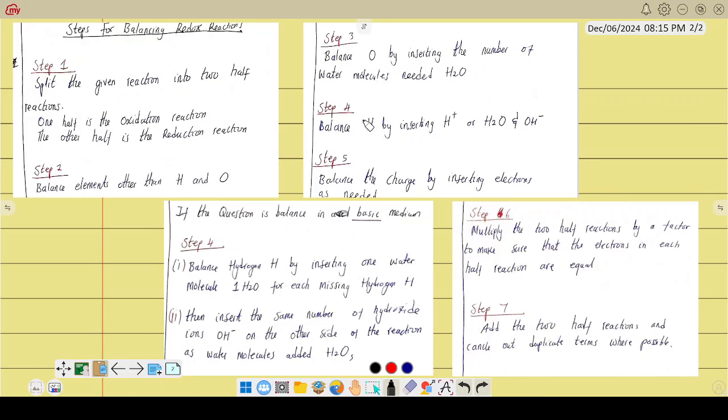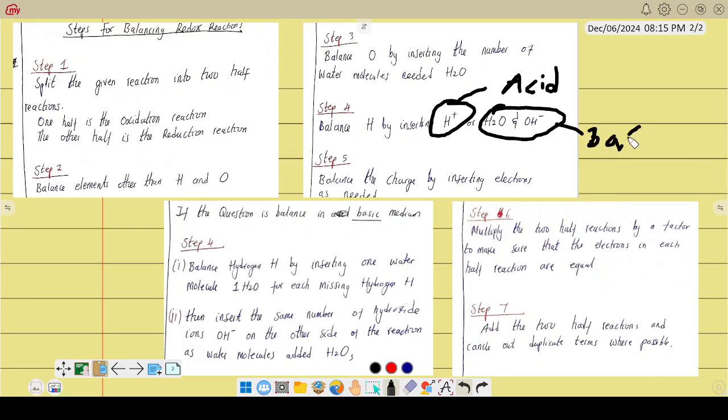Step 4, we then balance hydrogen. So we balance hydrogen by inserting either hydrogen ions, if something is acidic. If they tell us that the reaction is in an acidic medium, we balance using hydrogen ions. And then if it's in basic, we use water and hydroxide.